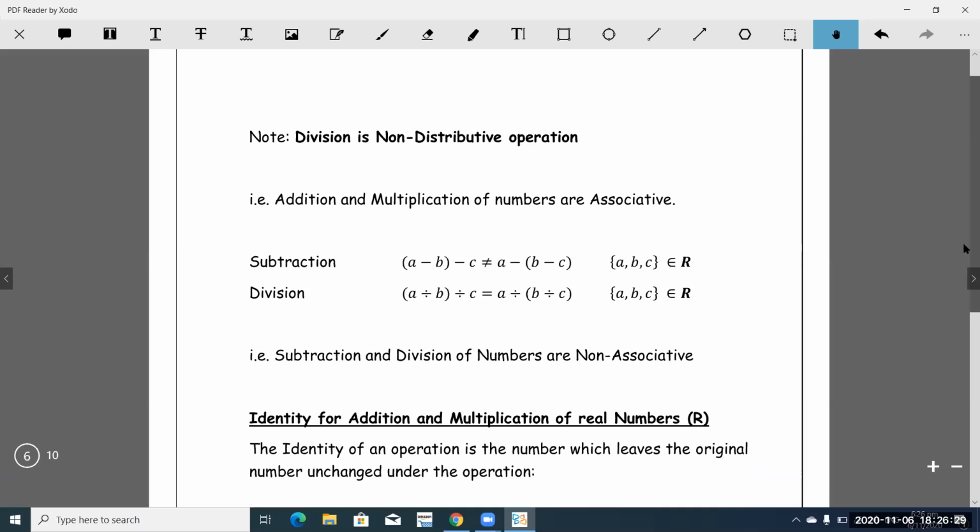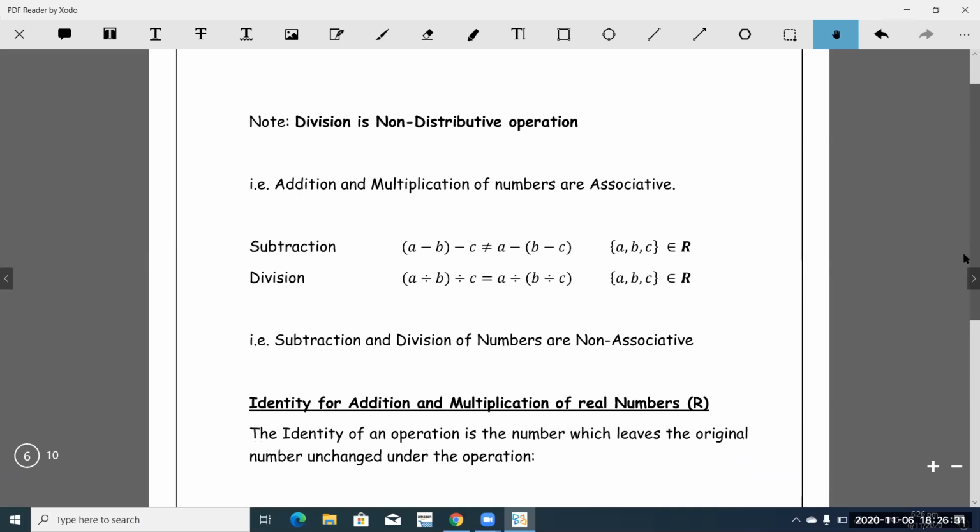Now, the next thing we're going to talk about is identity. Identity of real numbers. What do you think identity is? If it's a negative or a positive? Not necessarily. So for example, I want to link it to real life.